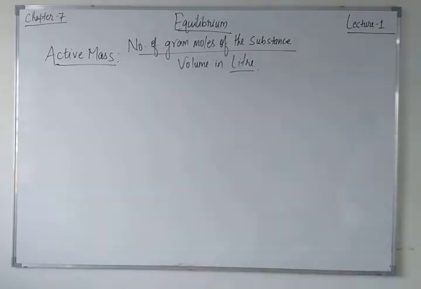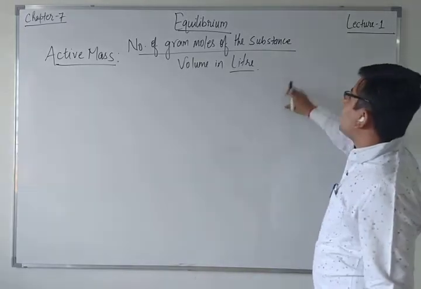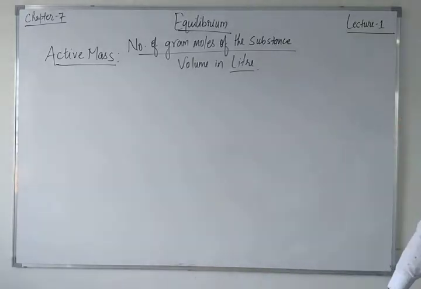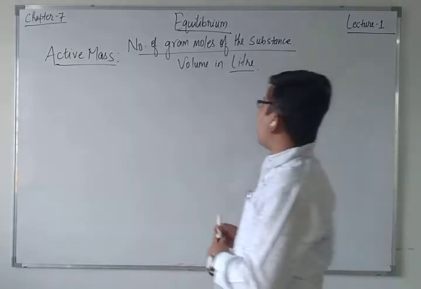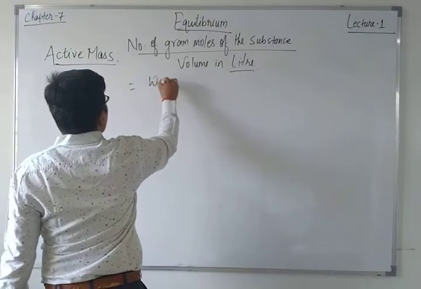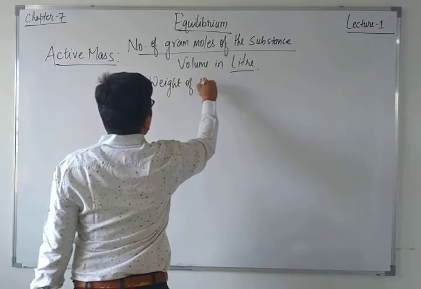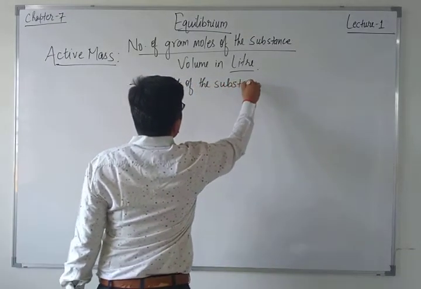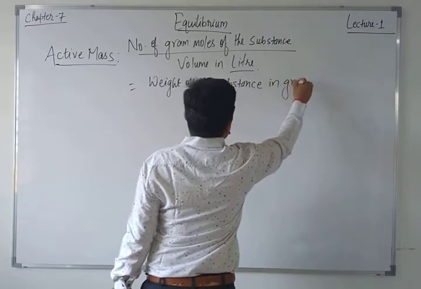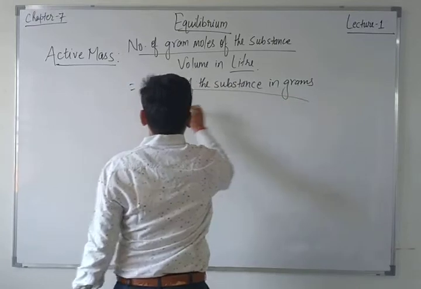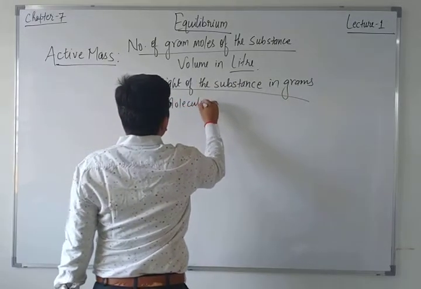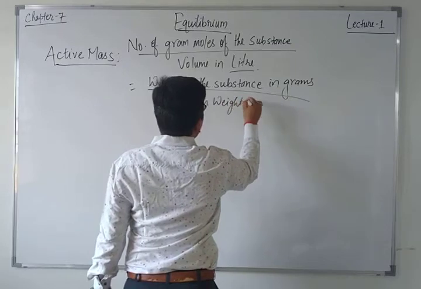If you want to convert the gram moles of the substance, that is the weight of the substance in gram by the molecular weight, this is the number of gram moles of substance. That is, the weight of the substance in gram by molecular weight, into volume in liter.